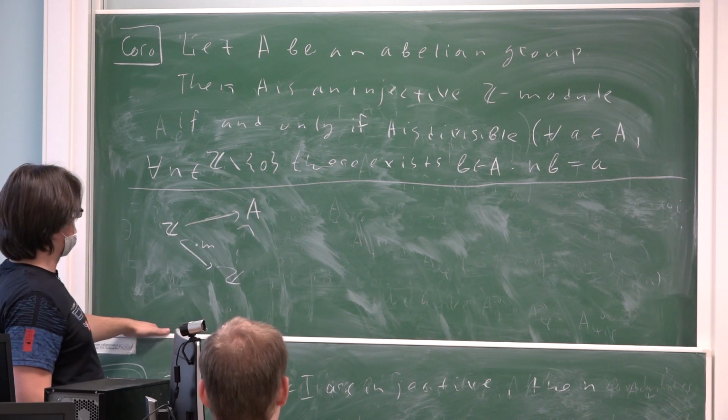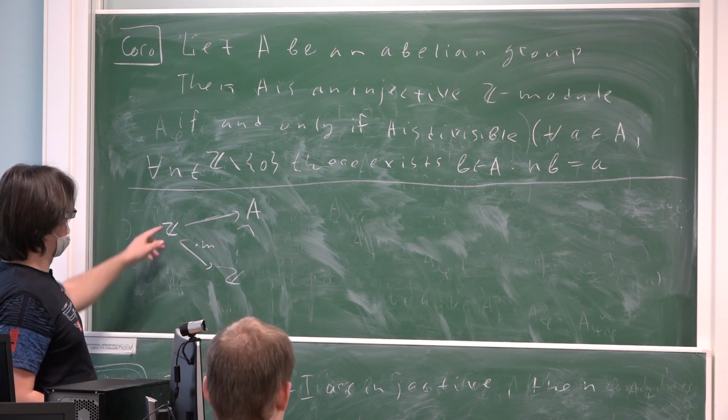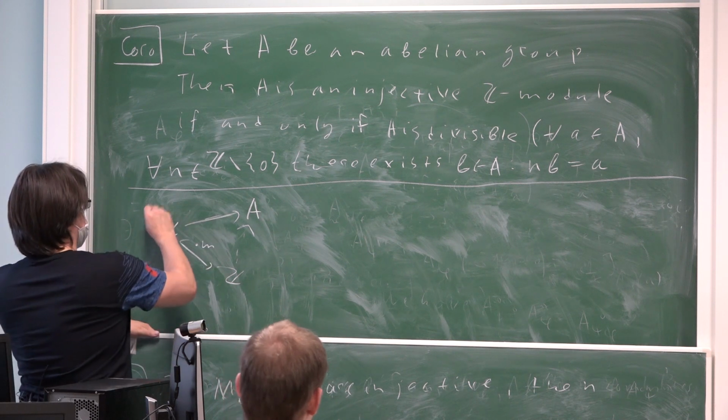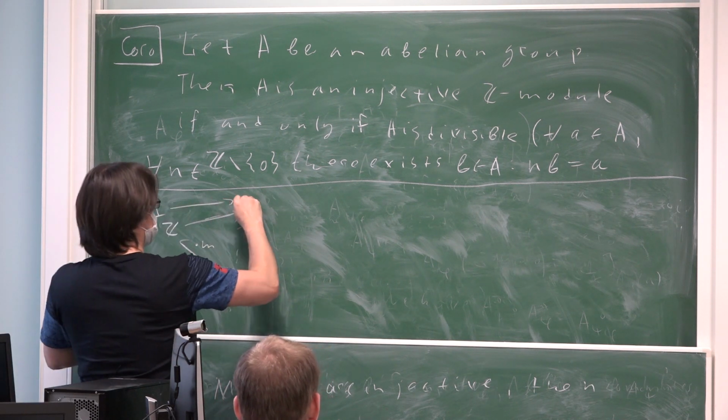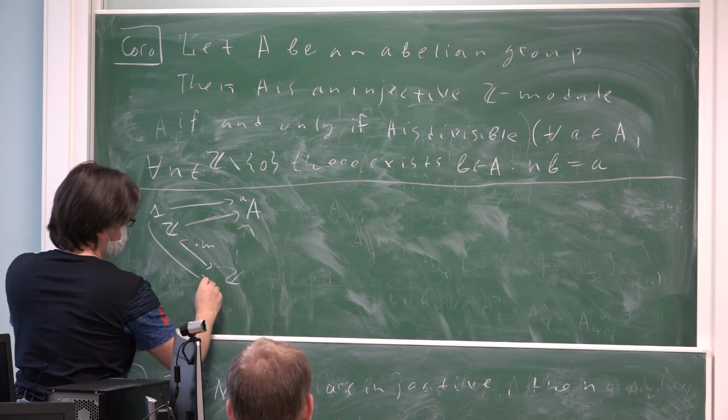But a map here, what is the map from Z to A? We have to map 1 somewhere. So if 1 goes to a here, here it goes to M.